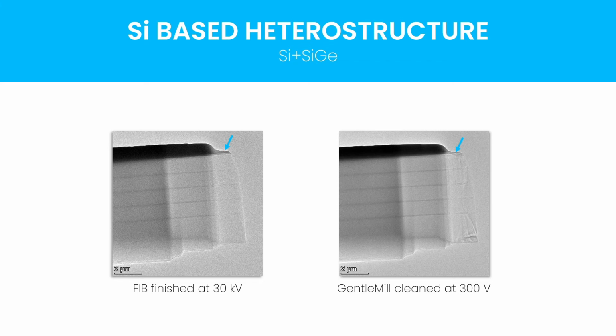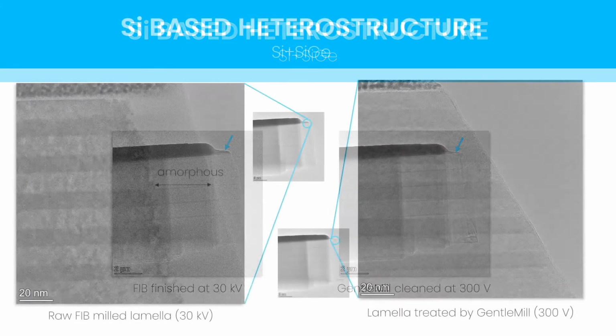You see that the sample shape is mostly preserved. Only a little amount of platinum was cleaned away in the argon ion cleaning process.